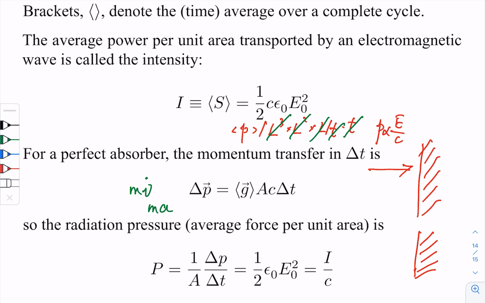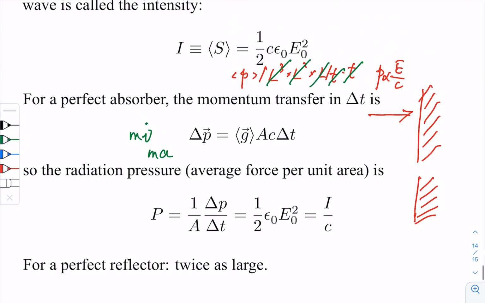So you can think of that this absorber not only absorbs the energy per unit area in this amount I, this amount also gives it some momentum forward. So this absorber can get the energy and get some pressure.